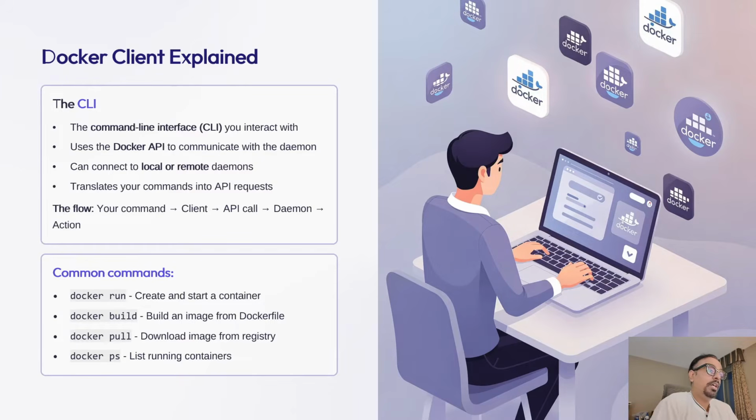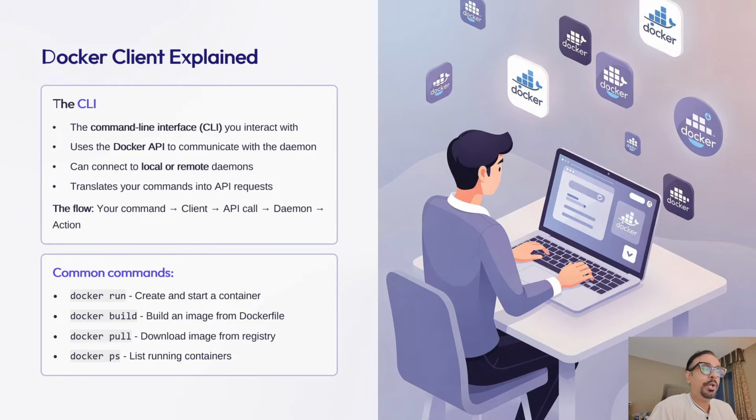Now let's talk about the Docker client, what exactly it is, and how it interacts in our day-to-day activities. When you open a terminal and run a command like docker run or docker build, that is the Docker client you're using. But the client itself doesn't do the heavy lifting. It's just a translator.